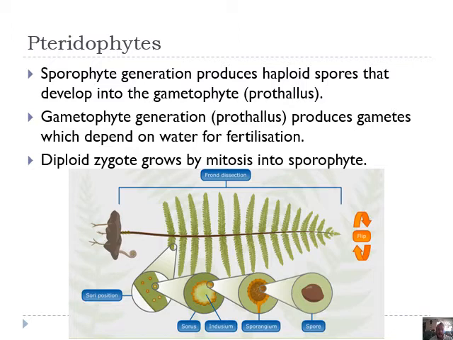Then the diploid zygote, once fertilization has occurred, grows by mitosis into the sporophyte generation. Now please note that in pteridophytes, the sporophyte generation is the adult plant. So its dominant generation is the sporophyte, whereas in mosses, its dominant generation is the gametophyte generation. Okay, so there's a slight difference between the two.